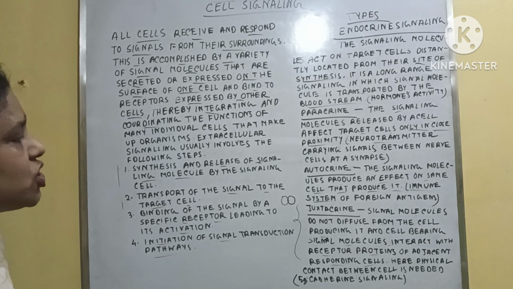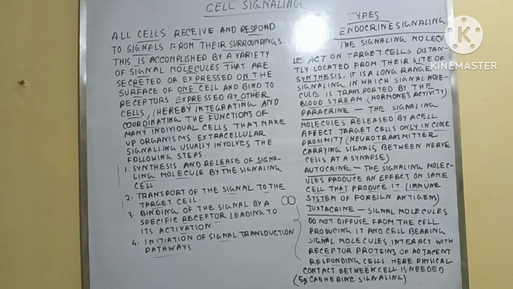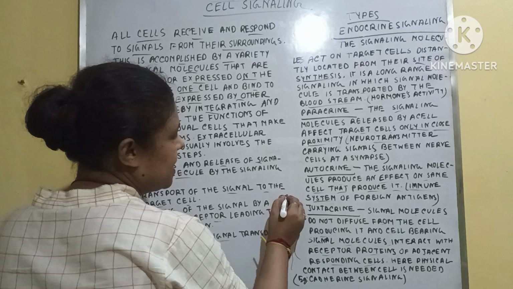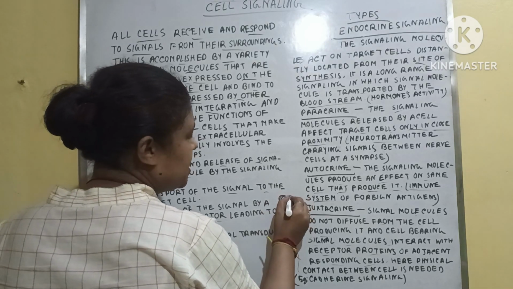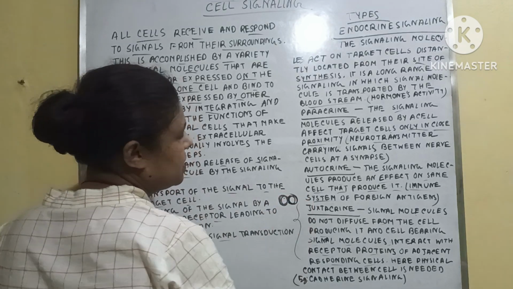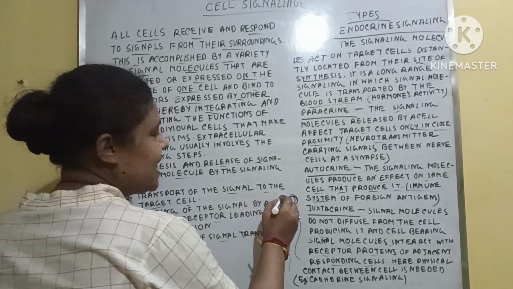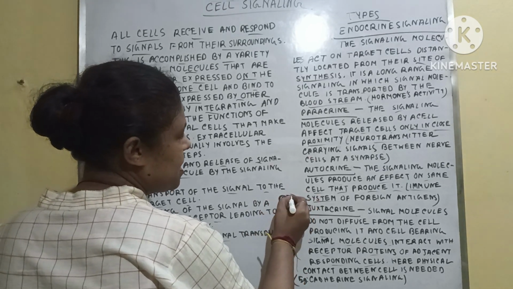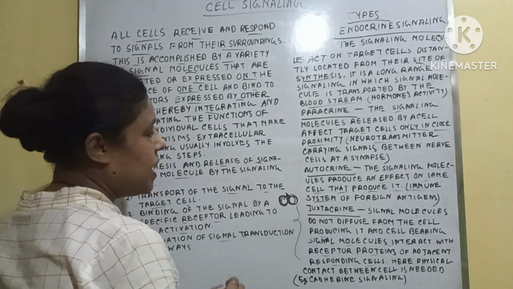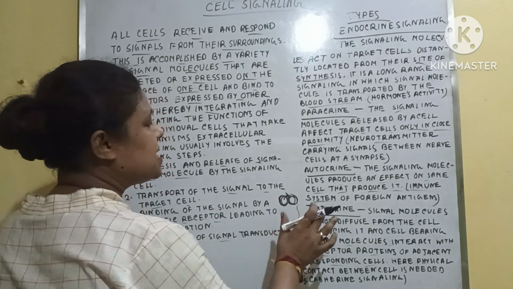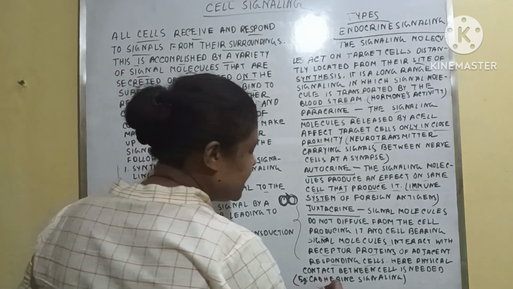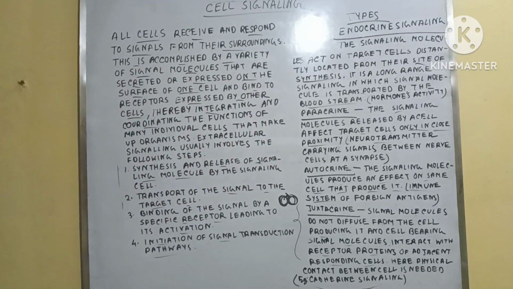Suppose this cell produces the signals, immediately they are captured by the receptor of this cell. Clear? This type of signaling is called juxtacrine signaling, and an example is cadherin signaling.